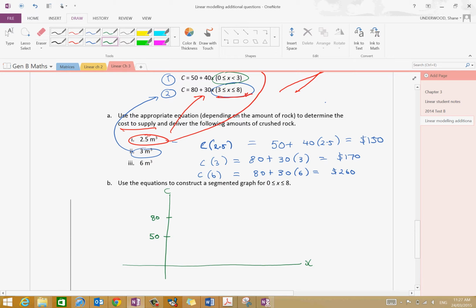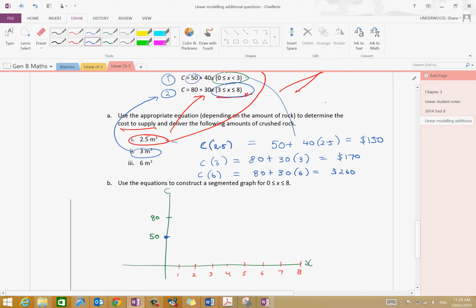So equation 1 is what we're drawing first, and we're drawing it between x equals 1 and x equals 3. So x equals 1, 2, 3, 4, 5, 6, 7, and 8. Now you could draw these in your CAS calculator, or we could do it by hand. But what is the c-intercept? The c-intercept is 50. And it's a positive graph. But what we need to do is find where that endpoint is.